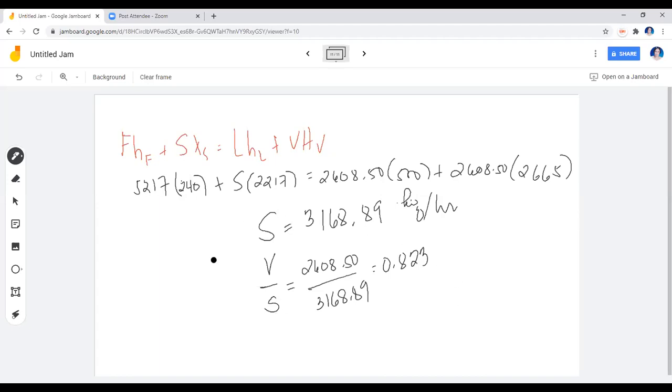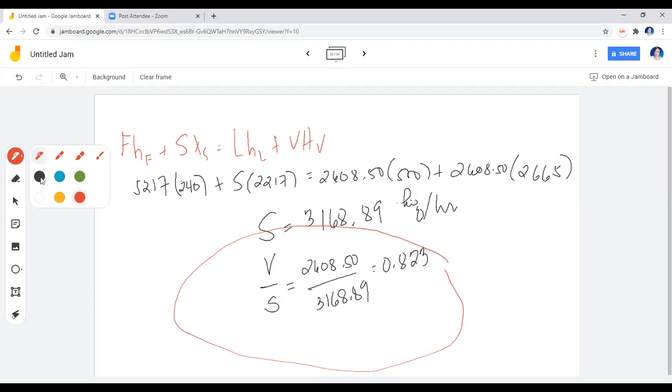So this is already acceptable in terms of the efficiency of the evaporator to vaporize the amount of fluid given the amount of steam that it is using. So this is our answer for this problem. The steam economy is 0.823 in the case of evaporation with boiling point rise.